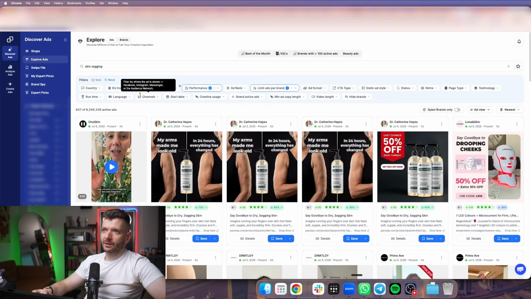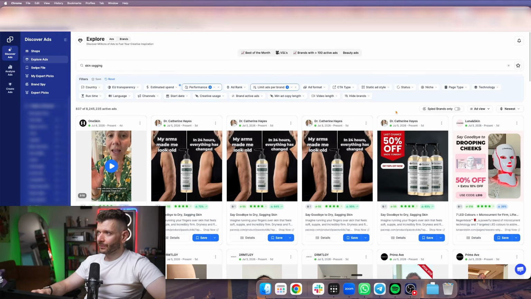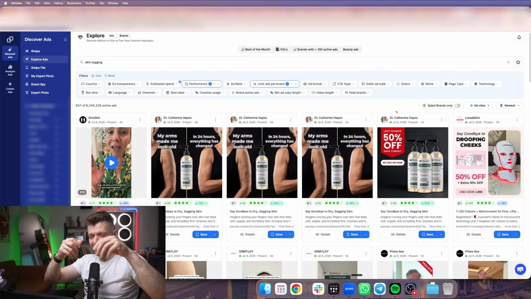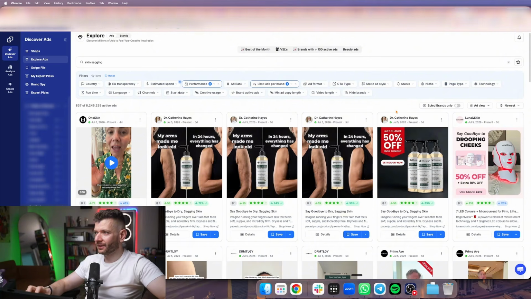And by the way, I'm sorting by which ads are the best and which ads are spending the most money. And I'm also using another filter, which is limit ads per brand. I don't want to see 300 ads from the same brand, so I'm using this filter to limit my results. And I just put a keyword here, which is skin sagging, which is a big angle for women that are older, like 45, 50, whose skin is starting to get saggy, which means kind of flaky, just not very pleasant.